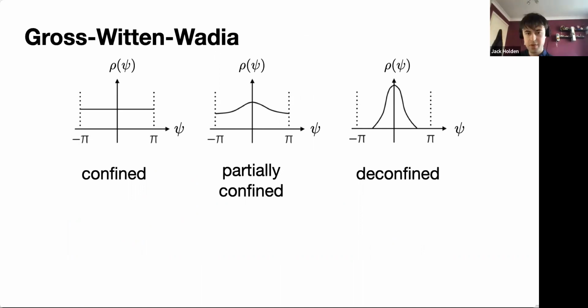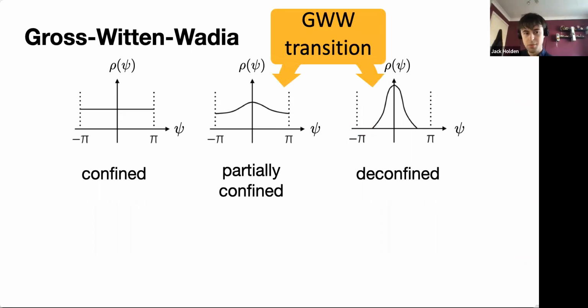We say the confined phase is uniform, the partially confined phase is non-uniform but ungapped, and the deconfined phase is non-uniform and gapped, because we refer to this area of no support as a gap. We'll be particularly interested in the transition between the partially confined and the deconfined phases.